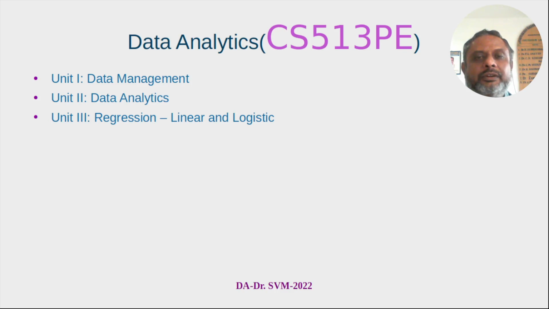These inputs and outputs are fed to the machine, and we say, you learn from this. How you learn is your problem, but you learn from this, and in future when I ask you any question, you give me the correct answer according to this data. That's what we have in the third unit, that's regression.